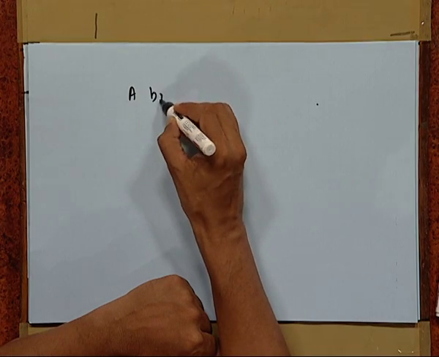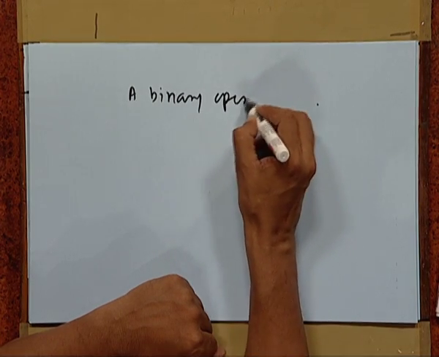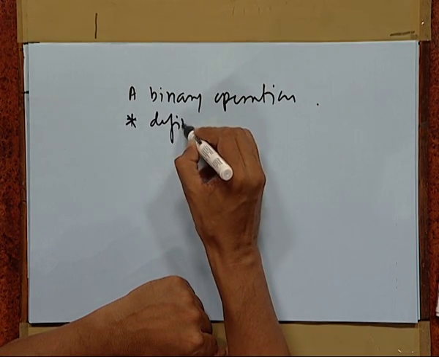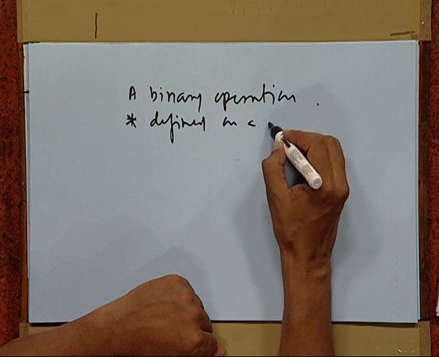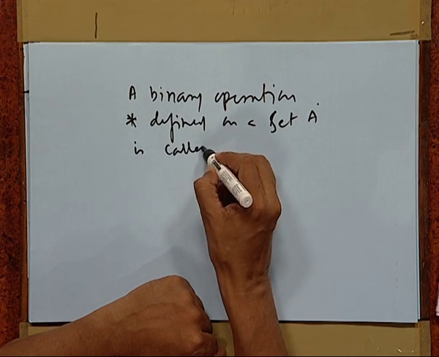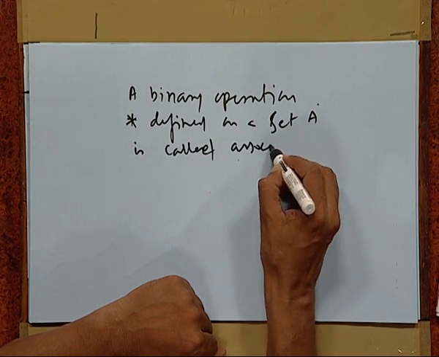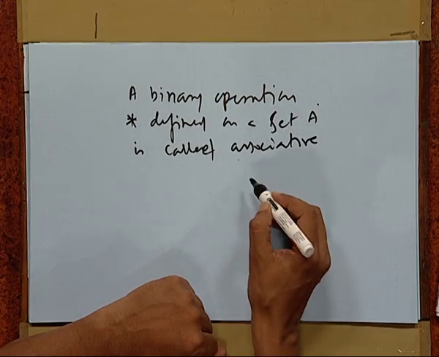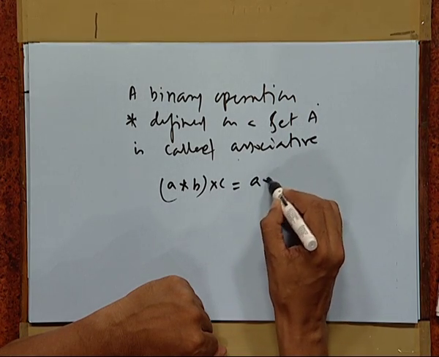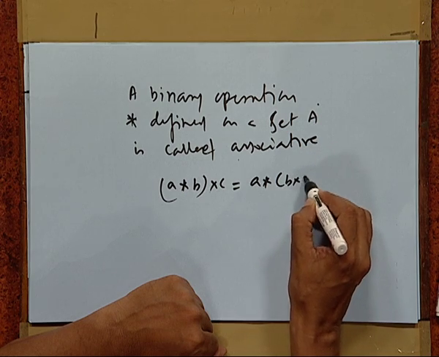There is one more kind of operation called associative. A binary operation star defined on a set A is called associative if (A star B) star C is equal to A star (B star C).